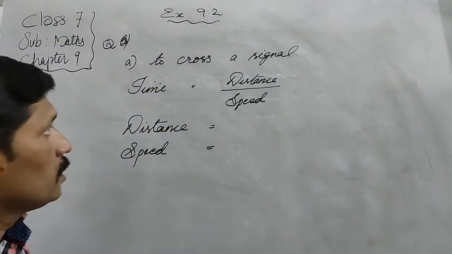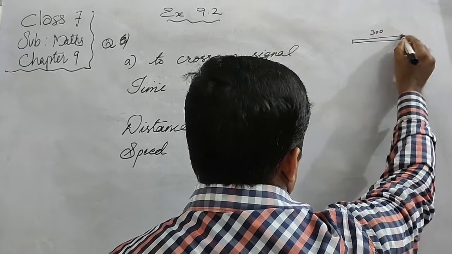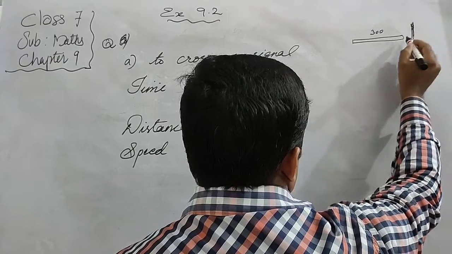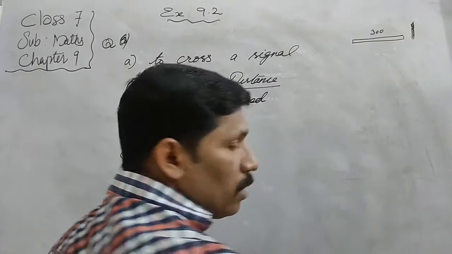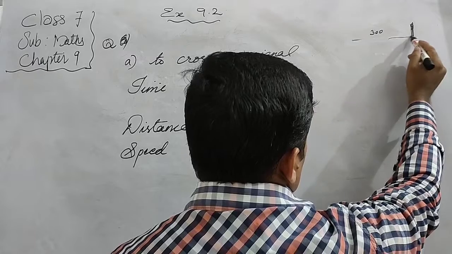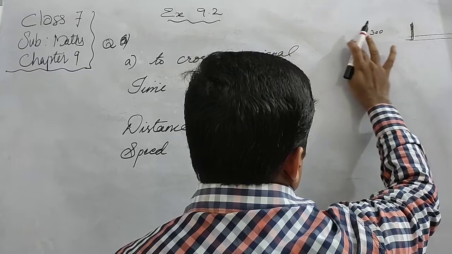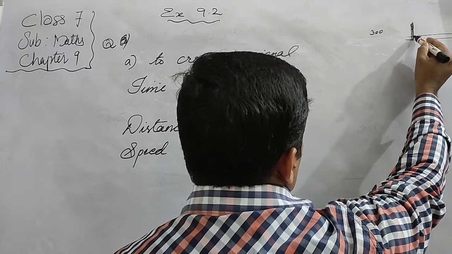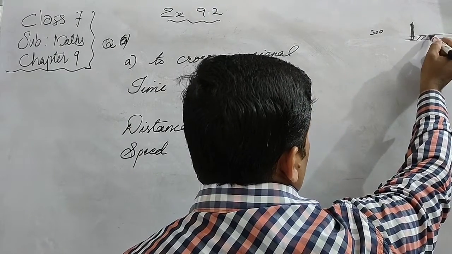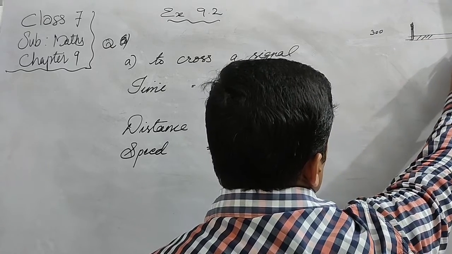The length of the train is 300 meters. This is a train, 300 meters, and this is a signal pole. You know that when a train wants to cross it, first the train comes here, reaches here, and then it completely goes to this side. That means in order to cross the pole, it has to travel a distance equal to the length of the train, 300 meters.